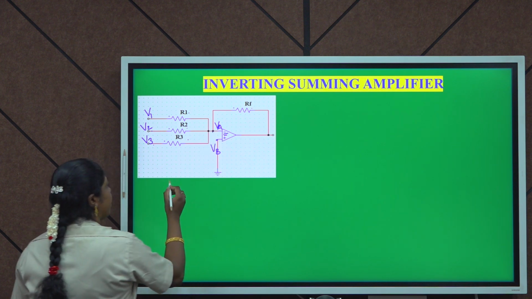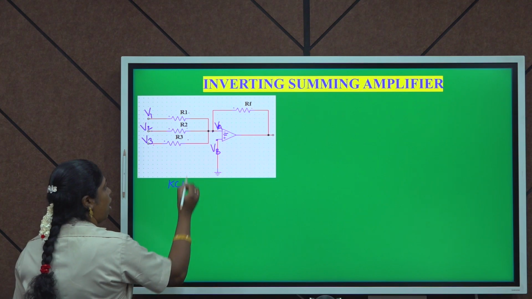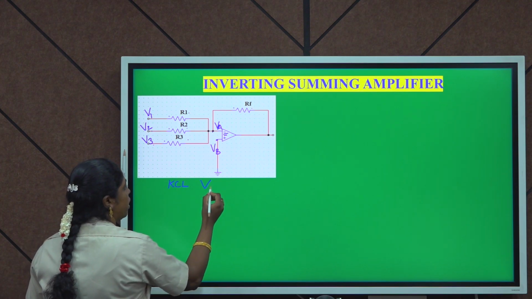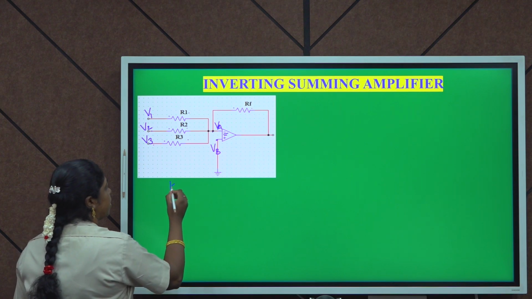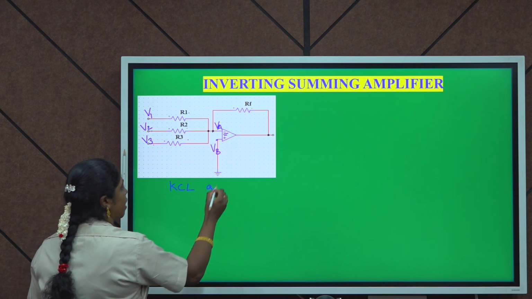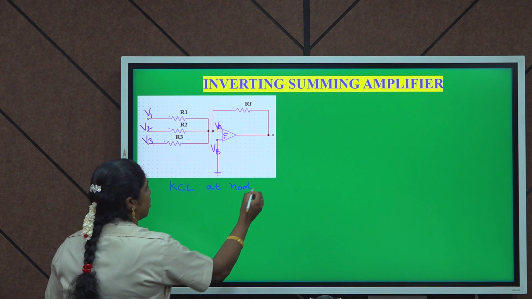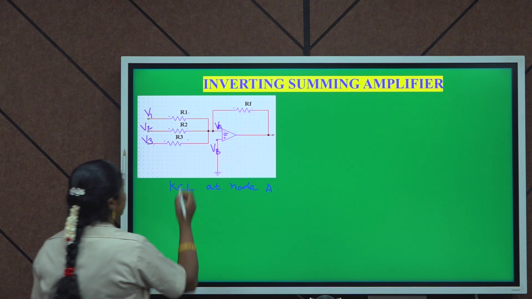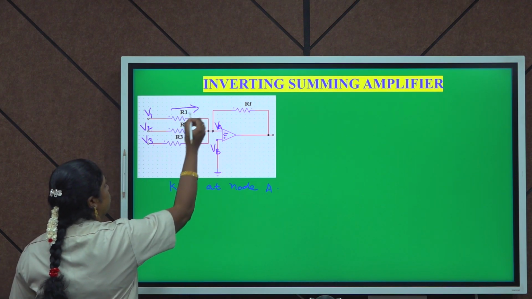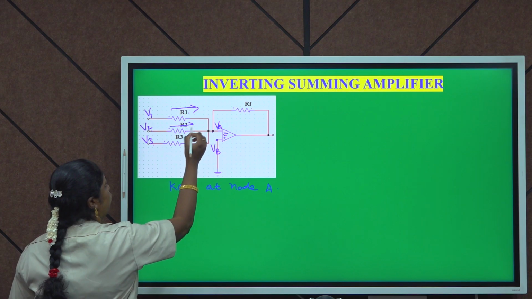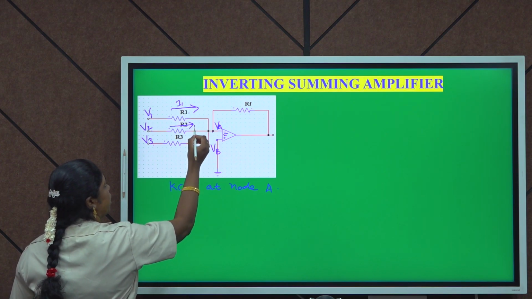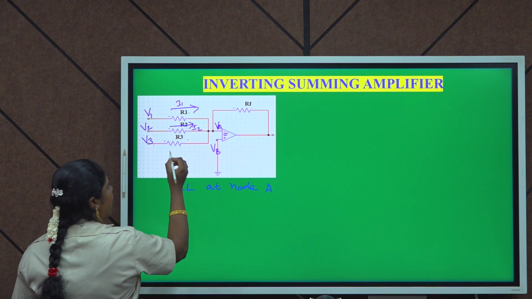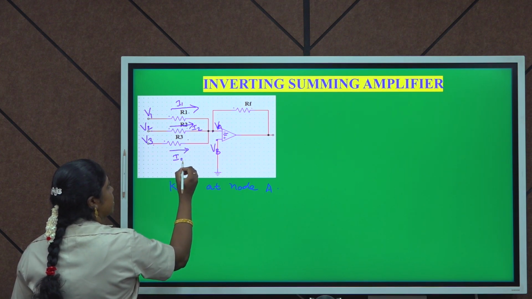So we will apply KCL at node A. We will assume the current flowing through resistor R1 is I1, the current flowing through resistor R2 is I2 and the current flowing through resistor R3 is I3.